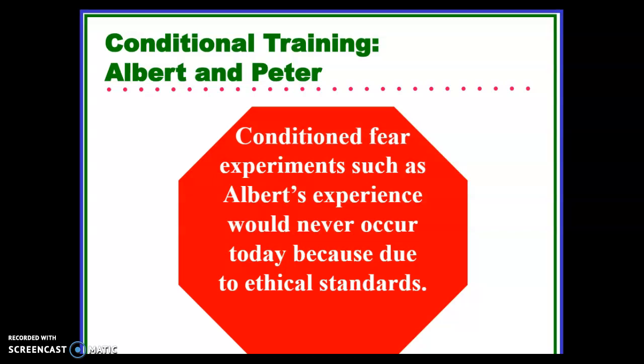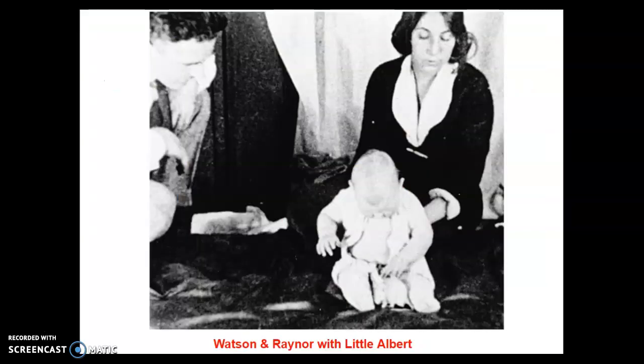Just be aware, though, that today this experiment would never happen because it would be very unethical to today's standards. So, Watson and his assistant Rayner with little Albert here. And after you watch the slideshow, I recommend that you watch the video that I've included. But he basically presented little Albert with a rat.